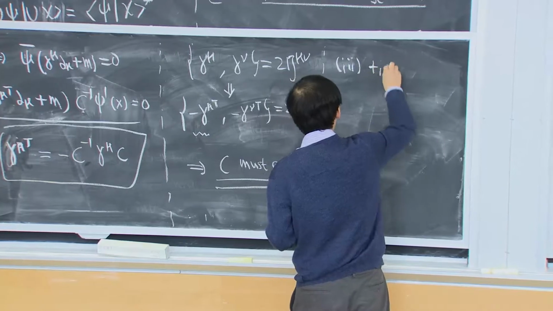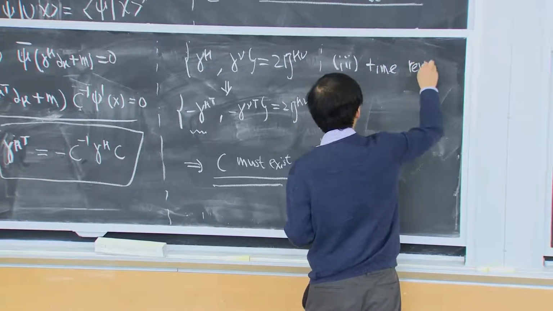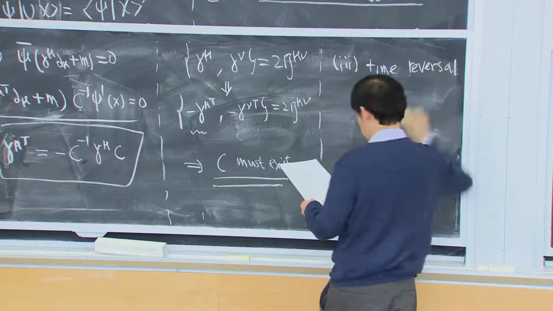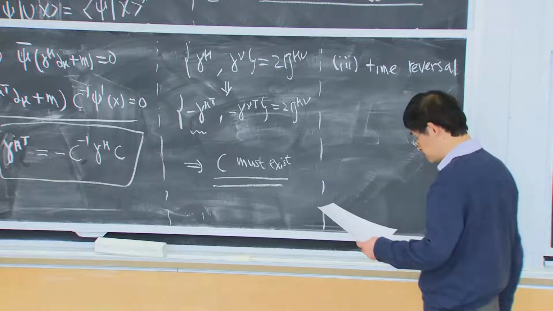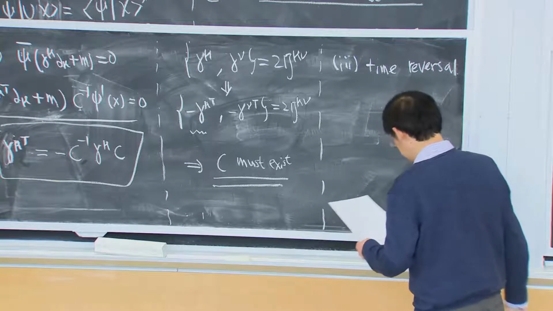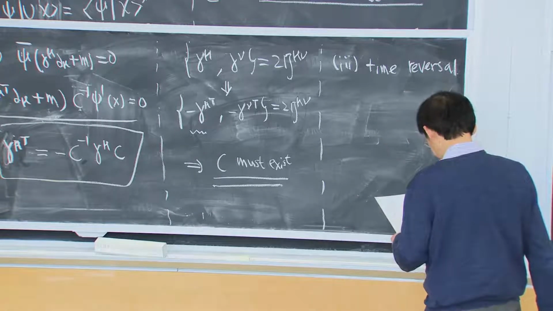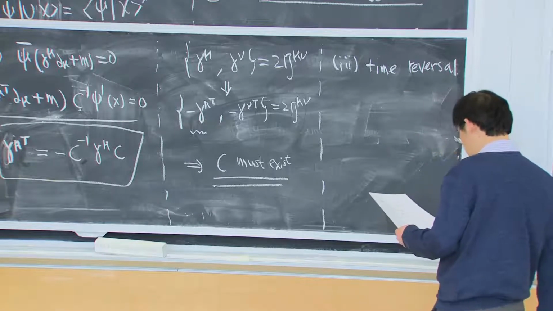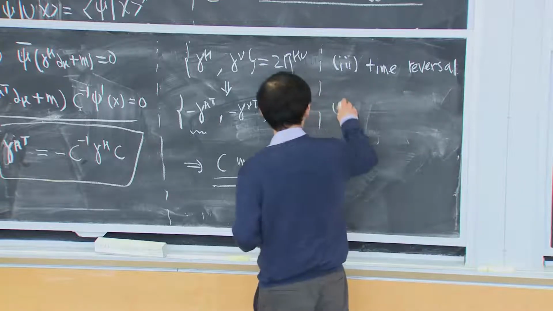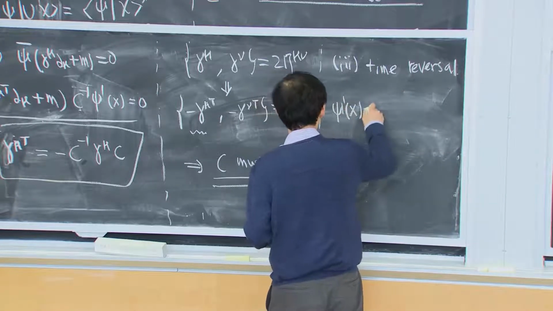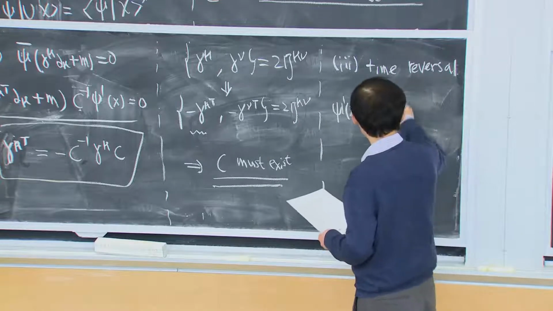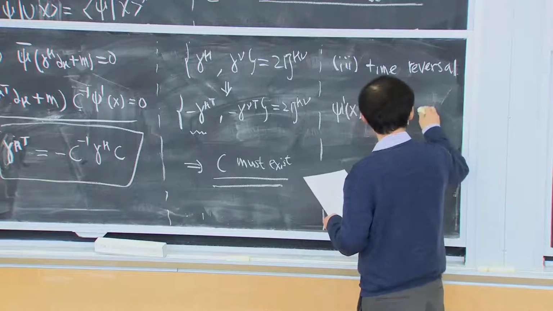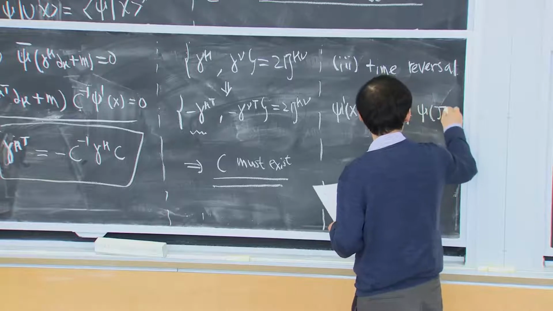The idea is again similar. So now we use UT. We suppose psi prime is equal to some matrix times psi at Tx.